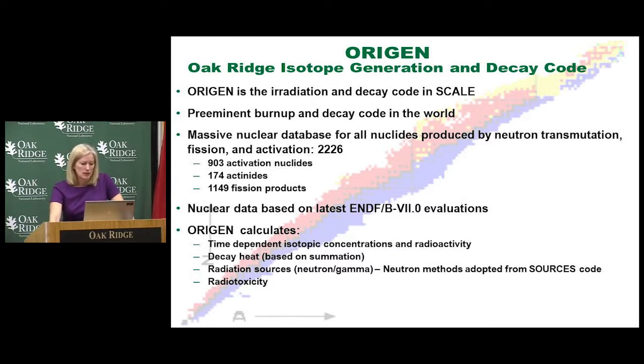And it tracks over 2,200 nuclides and fission products and reactions. So it's based on ENDF/B-VII, and it can calculate time-dependent isotopic concentrations and the radioactivity of the spent fuel.